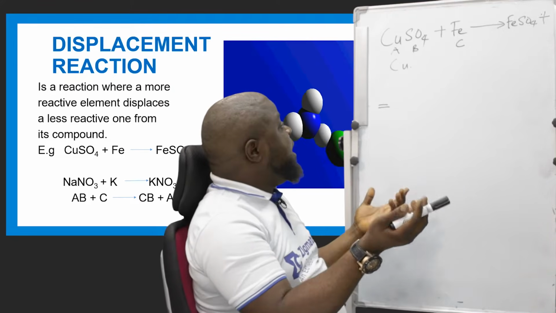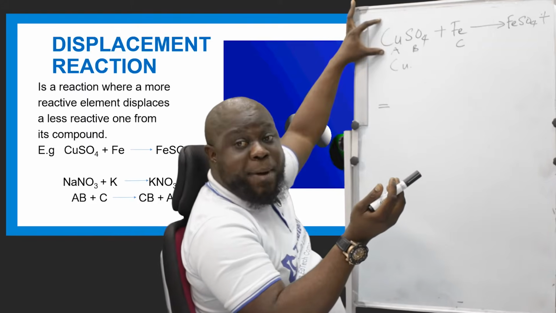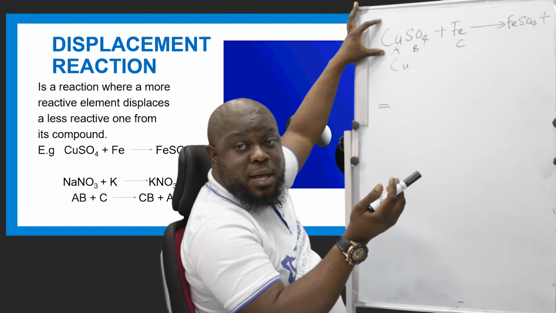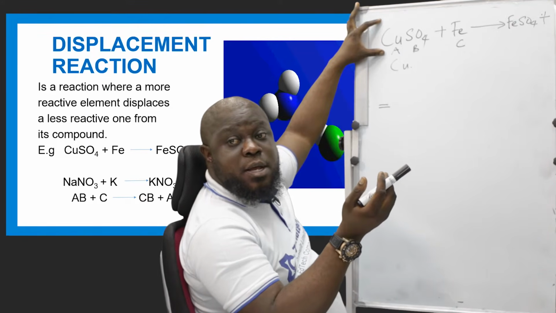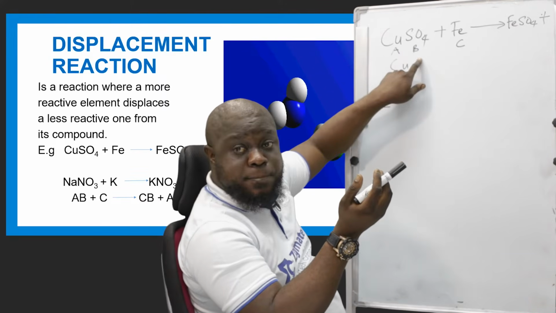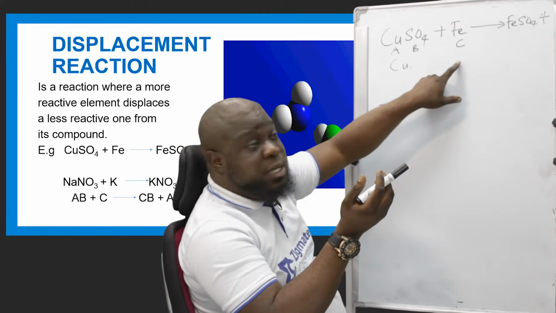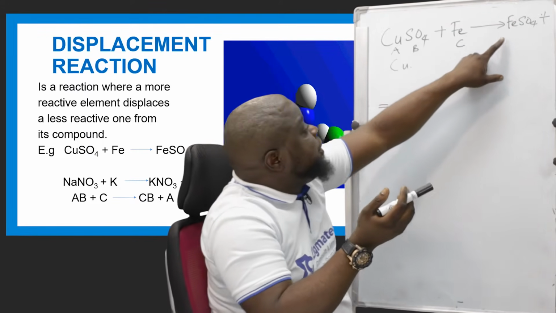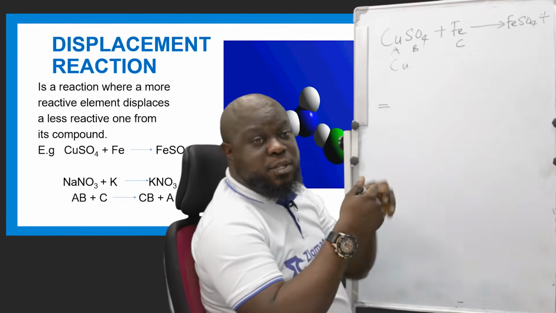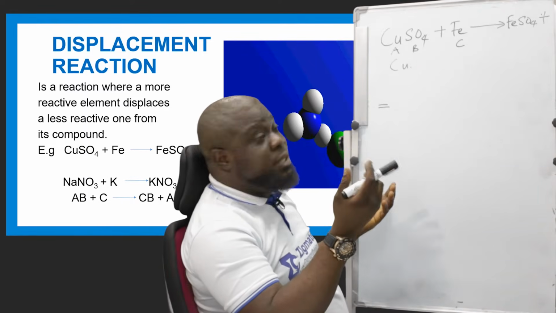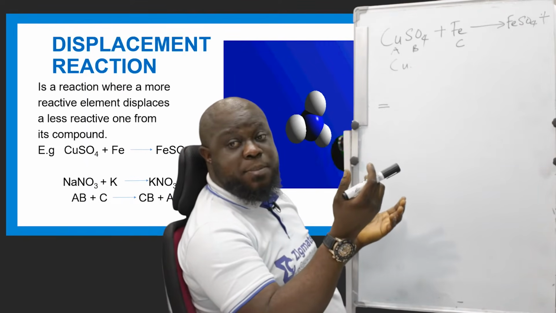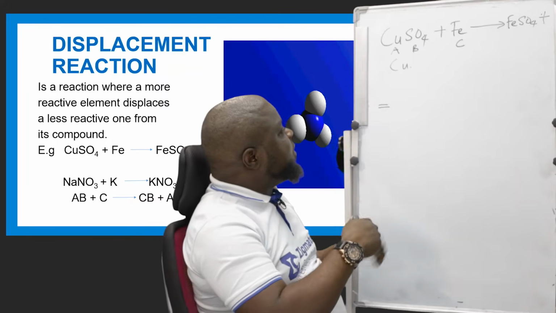AB. What is AB? AB is copper sulfide. The law says AB plus C will give me CB plus A. Now, what is the AB? AB plus C will give me CB plus A. CB is what?